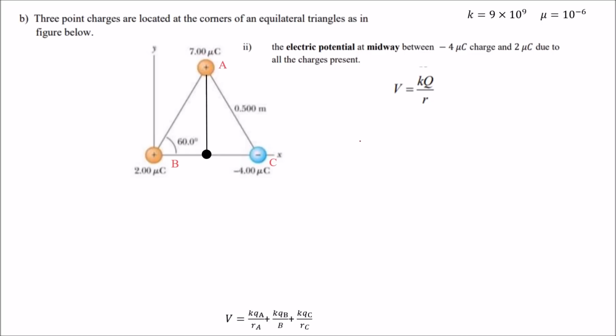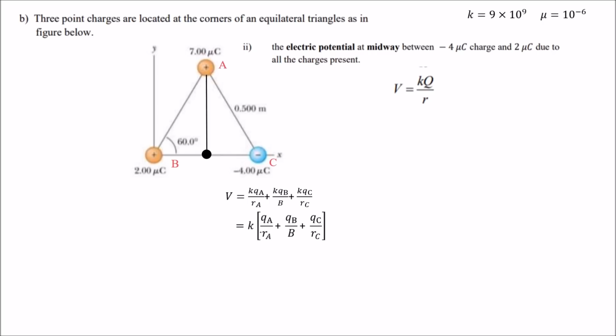So let's write it down first. kQA over rA, and again according to the equation, kQB over rB, kQC over rC. All the charges will be affecting this point, so we have to consider all the charges.